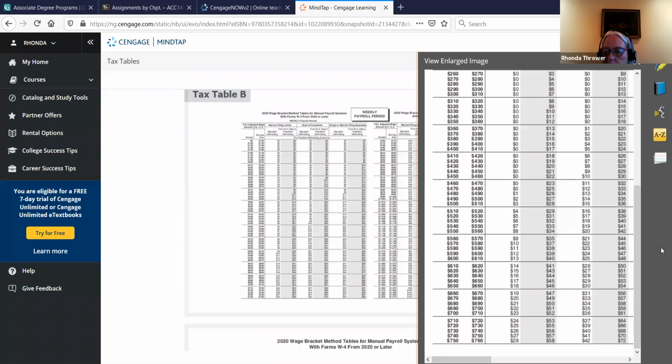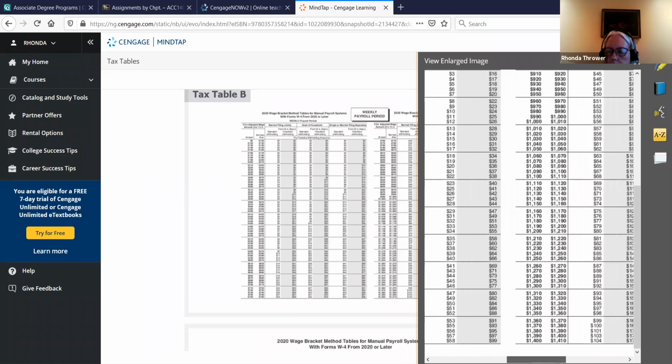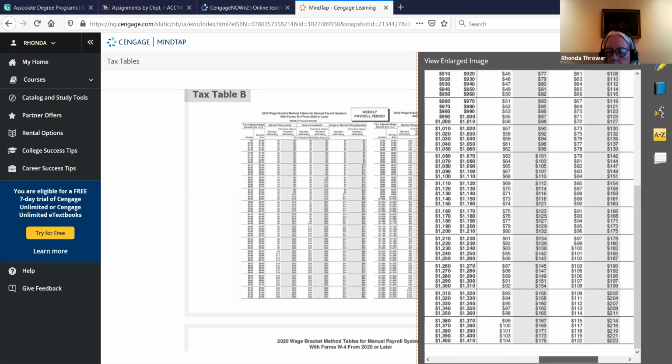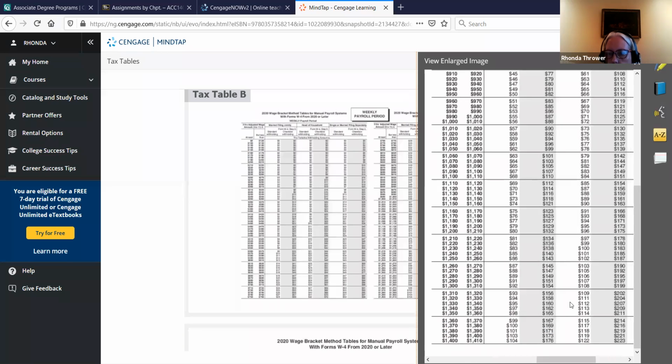So it's more than 750. So we've got to scroll over to see where that falls. It's 1,910. All right, so it's not on the first page of the tables at all.